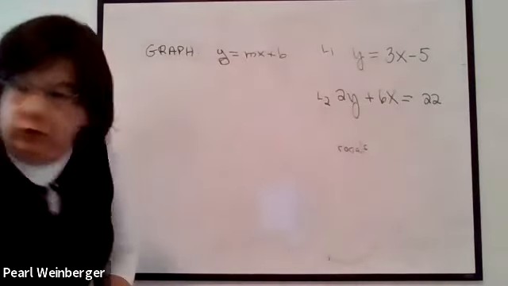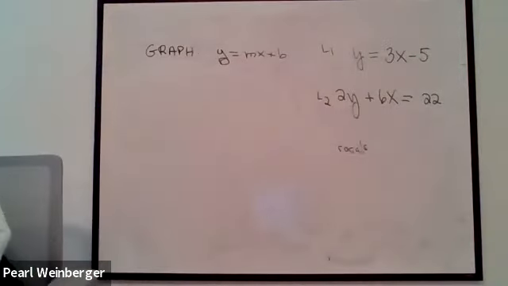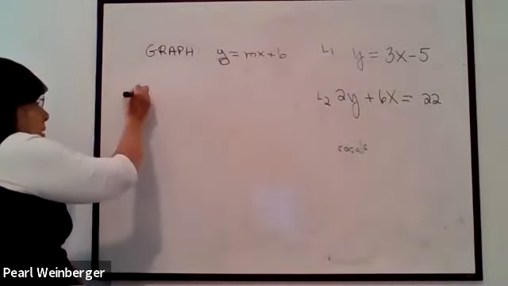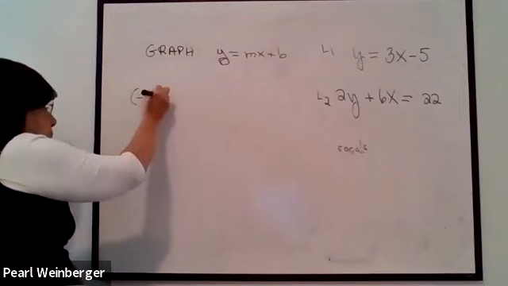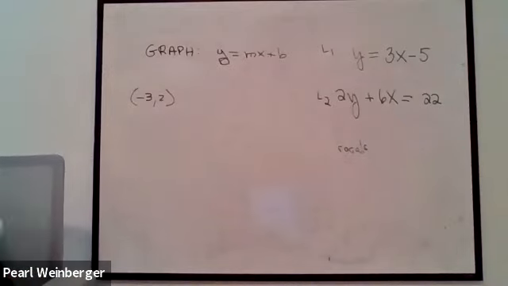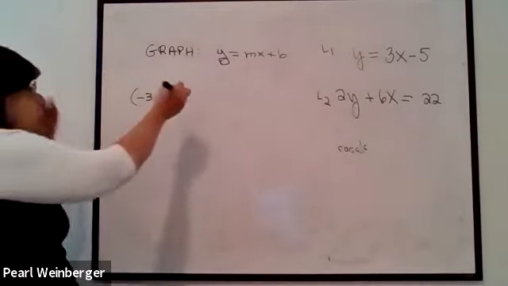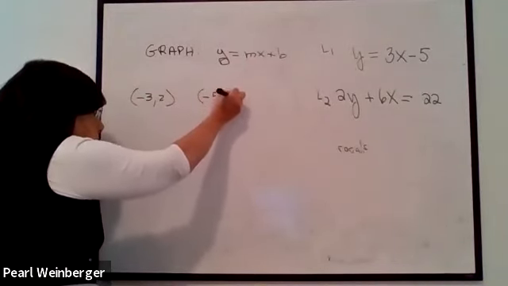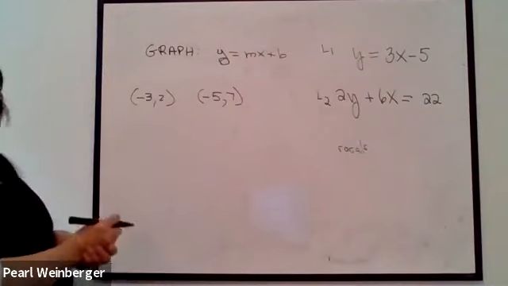I'm going to give you 2 points. -3, 2 is 1 point on the line. And -5, 7 is another point. Here are 2 points on the line.